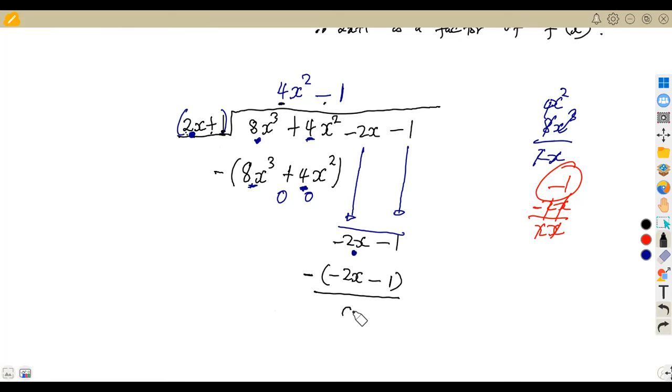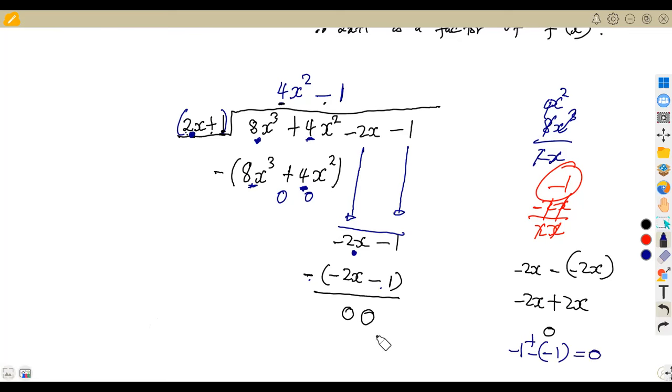So we subtract: minus 2x minus minus 2x is 0, and minus 1 minus minus 1 is also 0. All right. Are we together?